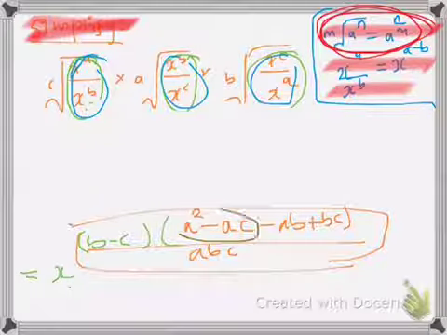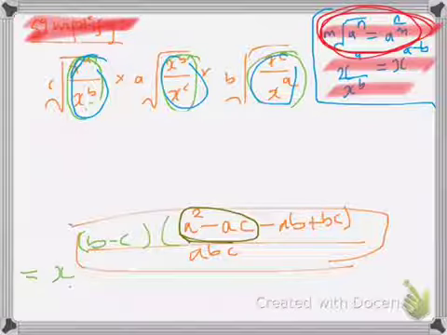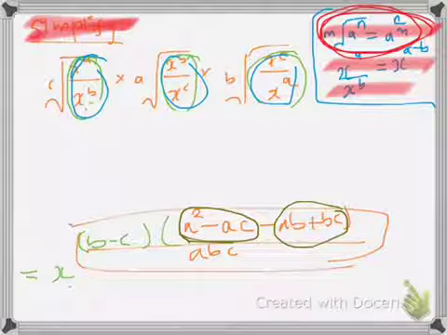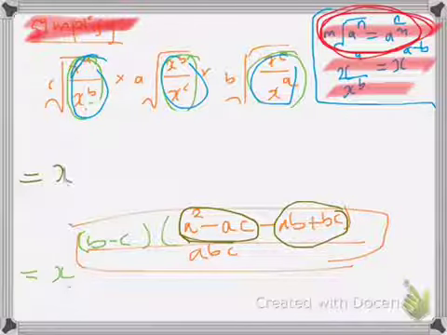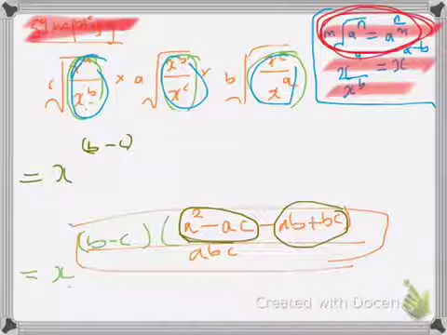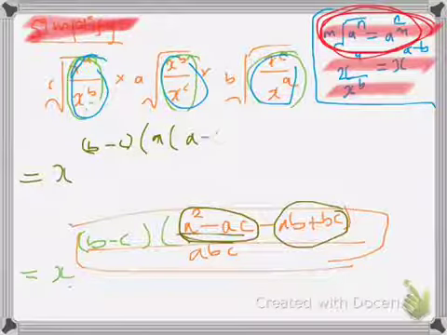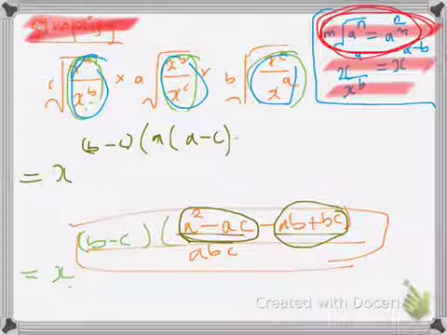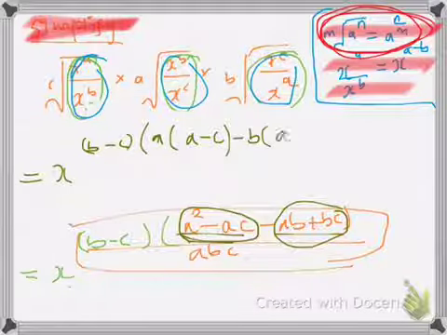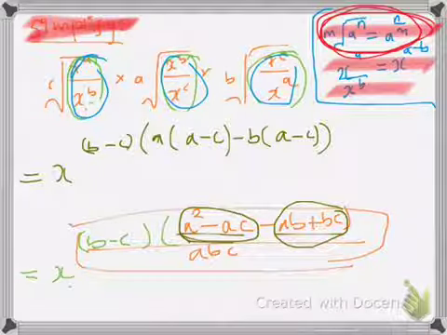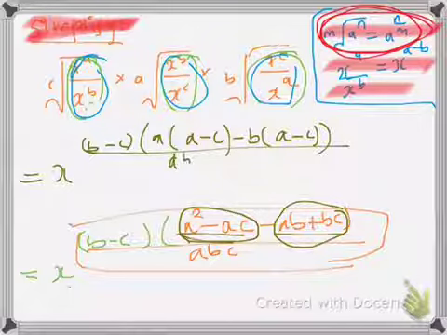Now we can take a common from these two terms, and we can take b common from the third and fourth terms. On doing so we get b minus c remains the same, and here when we take a common we get a minus c, and if we take b common from here we once again get a minus c, divided by abc which remains the same.